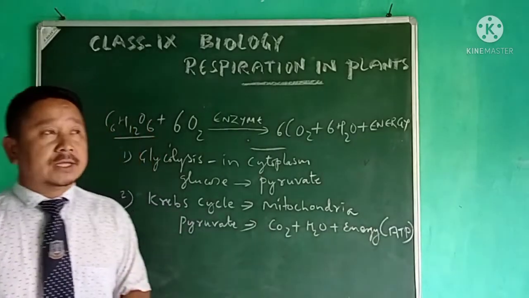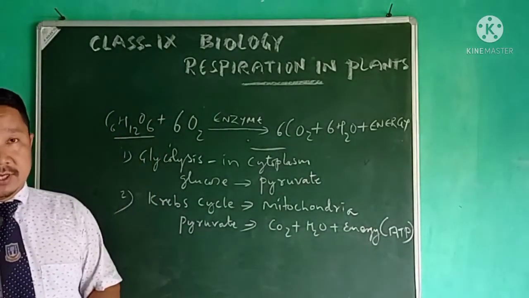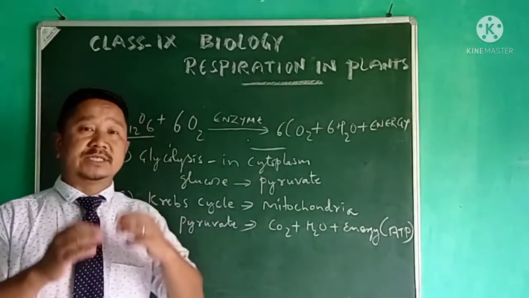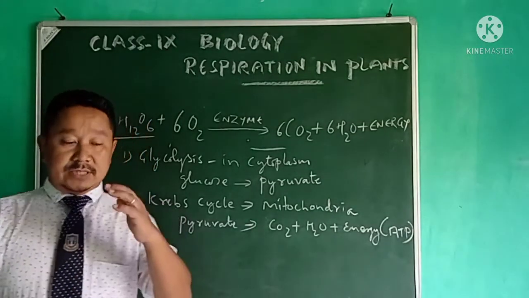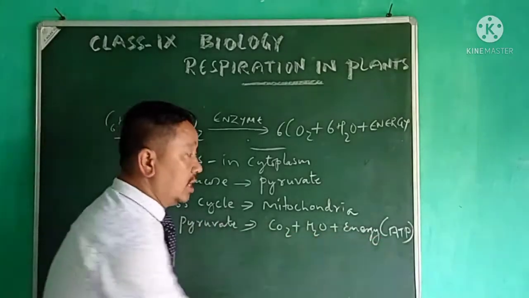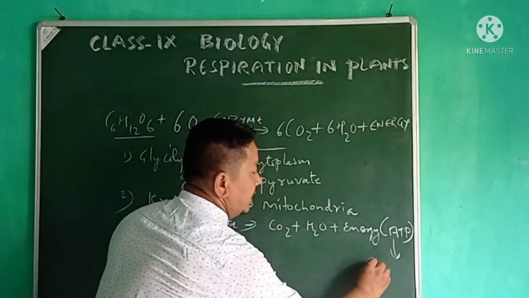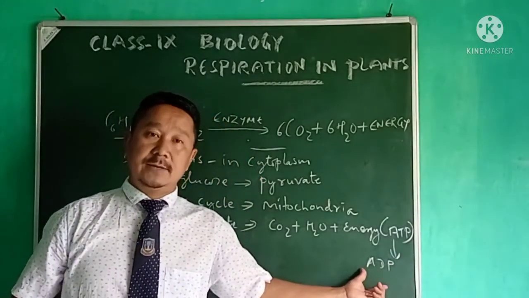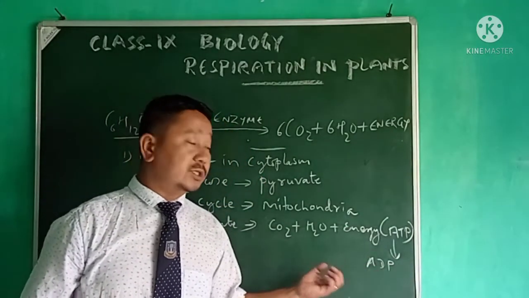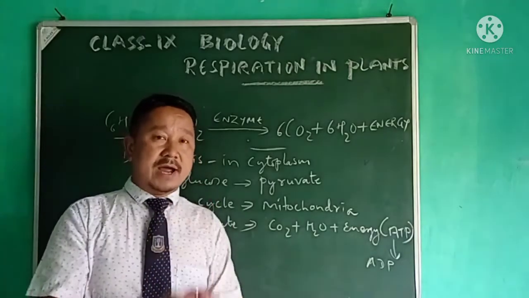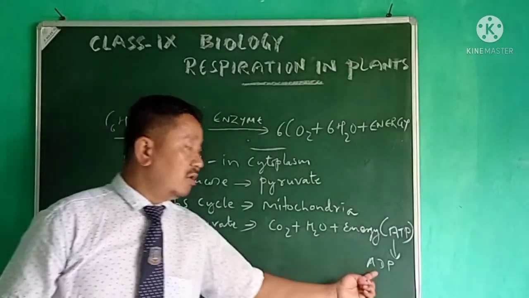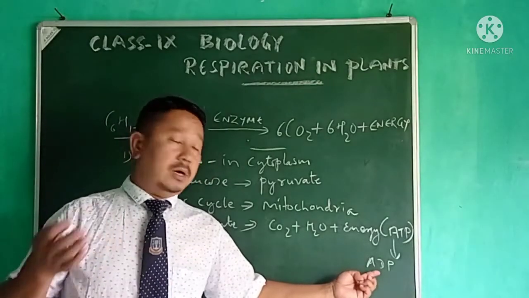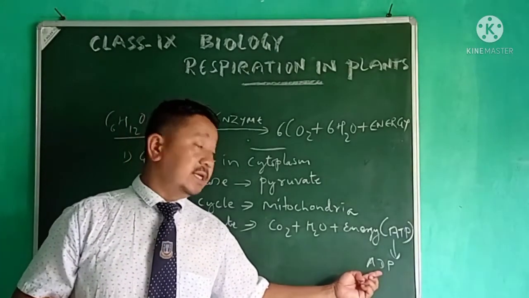When the cell of the organism has to use energy, the ATP will be converted into ADP, adenosine diphosphate. Then this energy is used, that is, the energy required will be utilized in the form of ADP for carrying out all the activities in the cells or in the body.